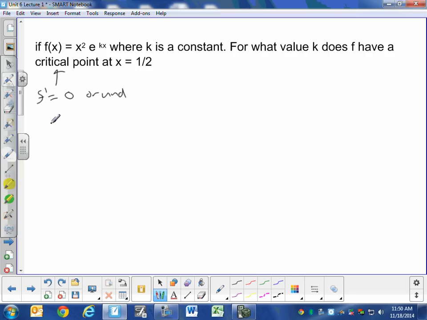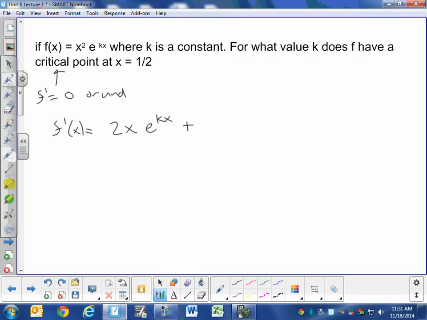Okay. So I'm told that this derivative, which using the product rule gives me the following. F prime g plus, what is the derivative of e to the kx? Close.